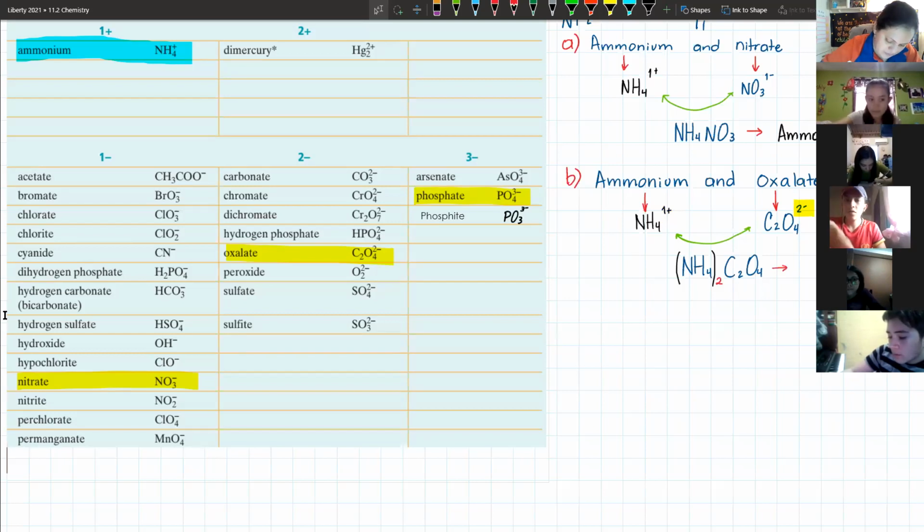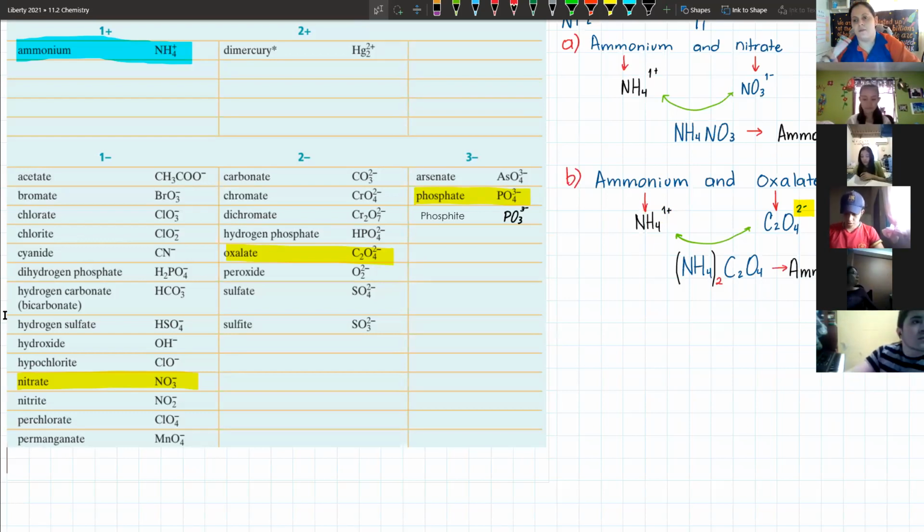Ammonium oxalate. Okay, ammonium oxalate.